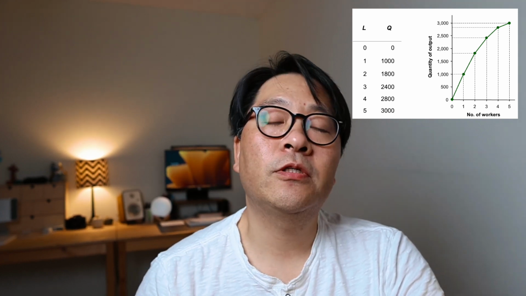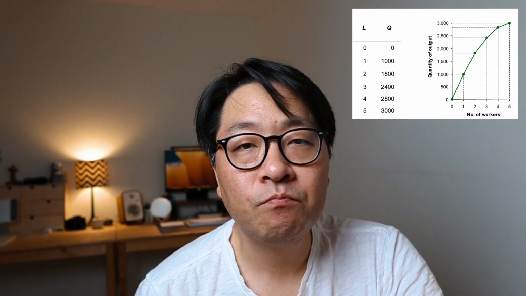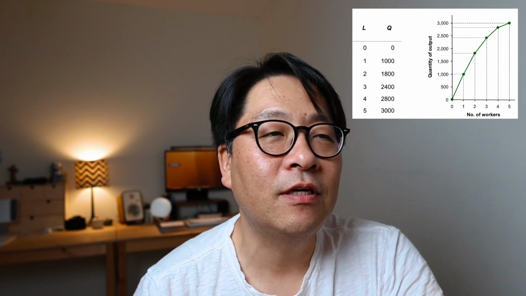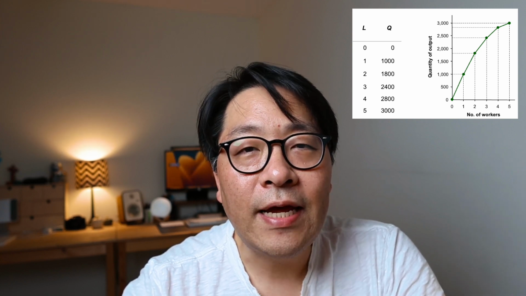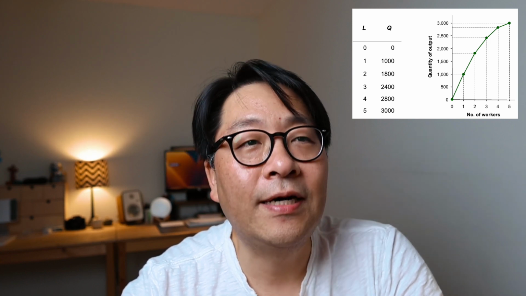The shape of the production function right here looks like a quadratic function. Each point gives us information from the data set, 1, 2, 3, 4, 5, 6 points, and we just connect them with lines. It doesn't look like a smooth curve, but the slope of each line decreases as the number of workers increases.